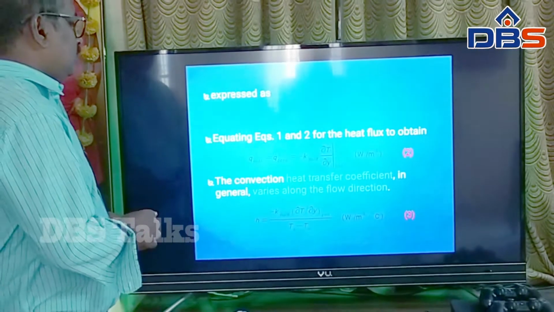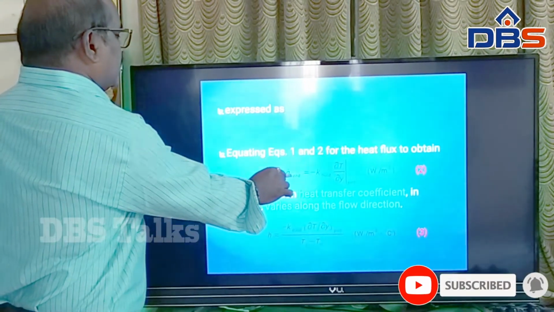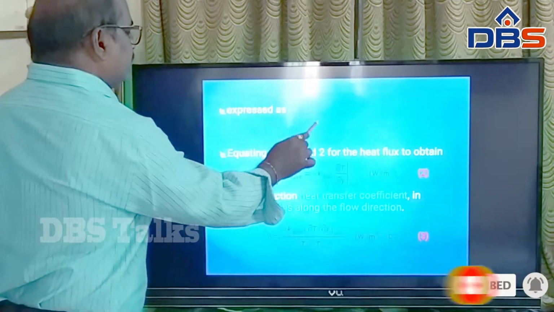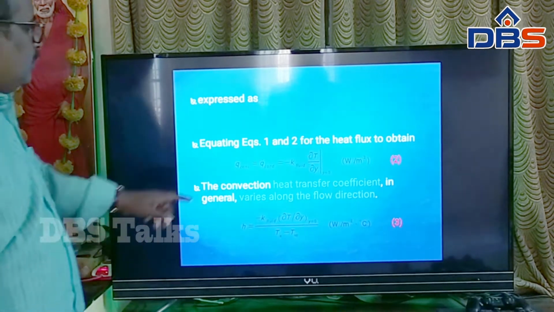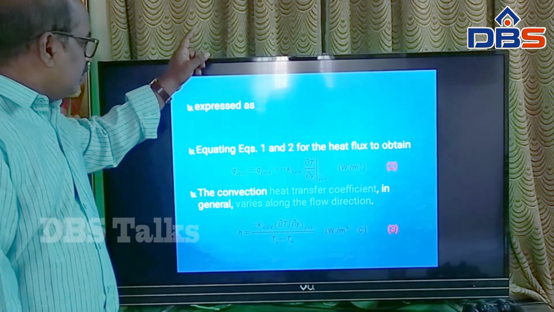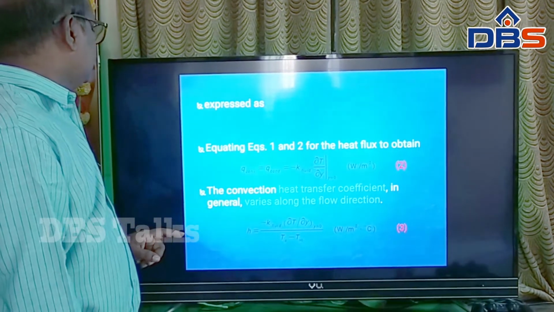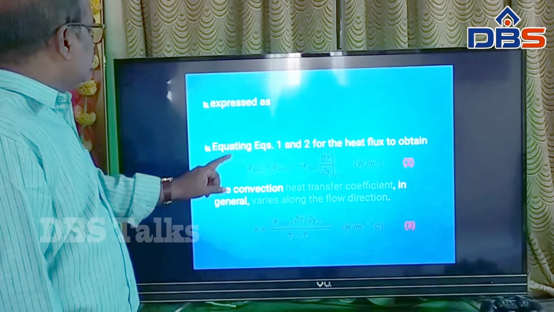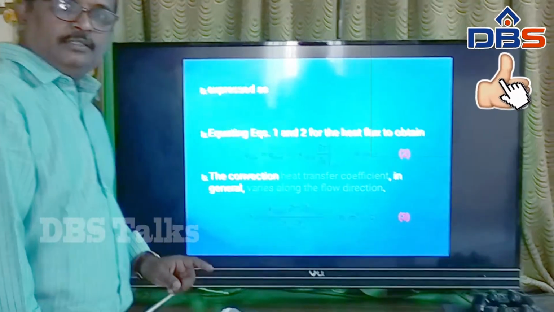And for conductive heat transfer, we have the equation of minus k into dou T by dou y. And for convection, there is Newton's law of cooling equation, that is Q equal to h into Ts minus T infinity.